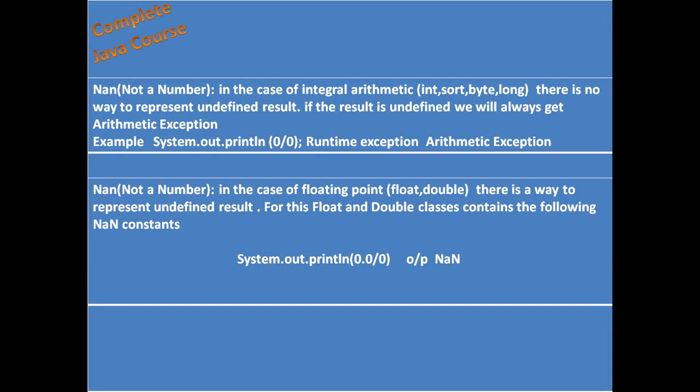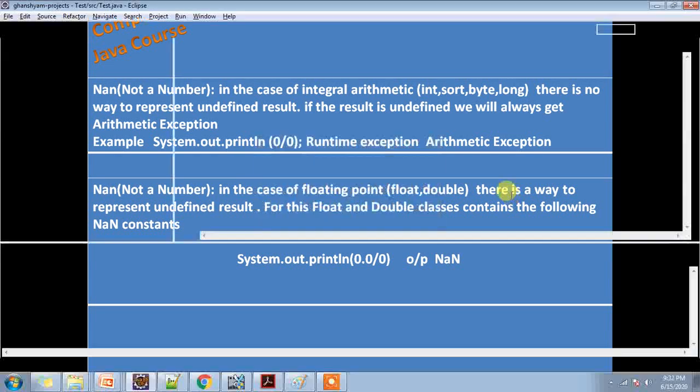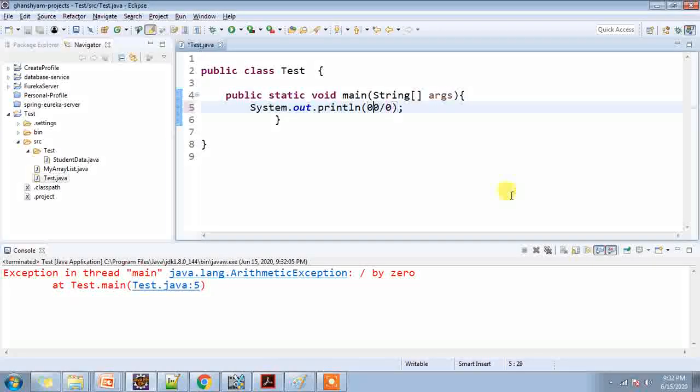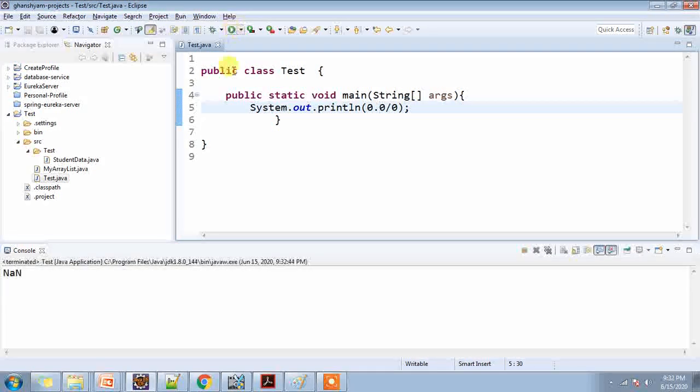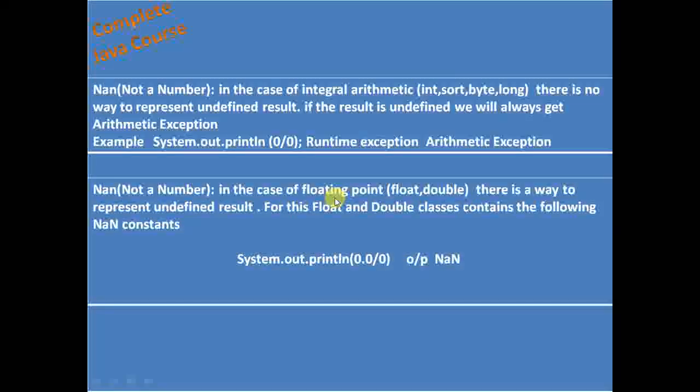You will not get the runtime exception, which is the arithmetic exception. If you divide 0.0 by 0, you will get not a number. This time, you will not get the arithmetic exception. Okay, now move to the next point.